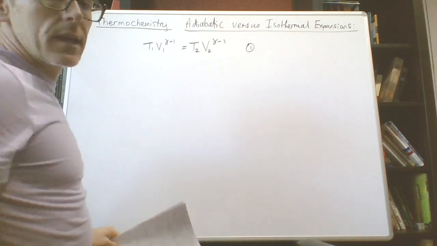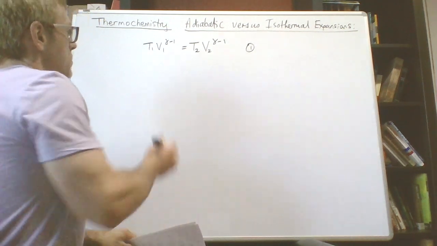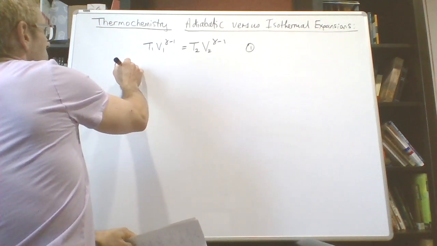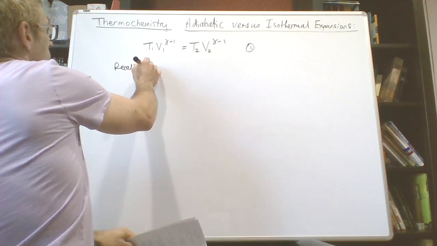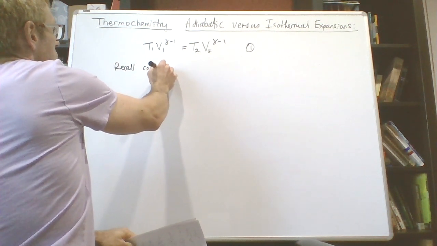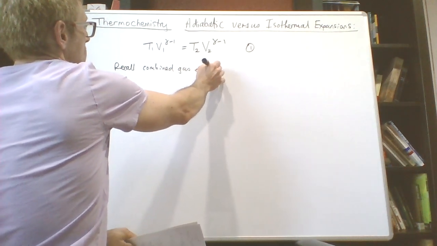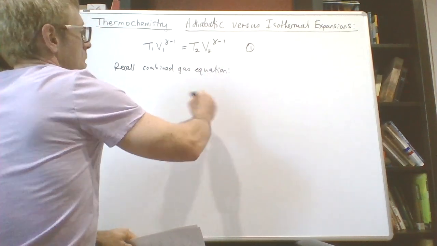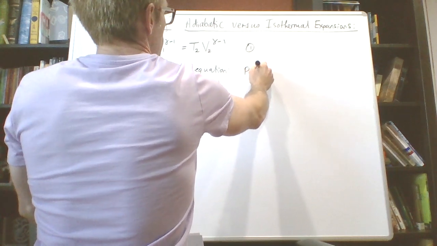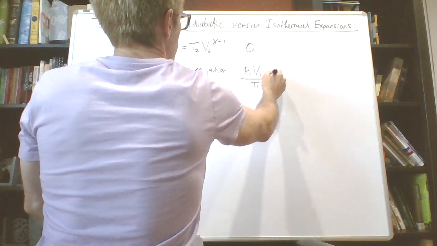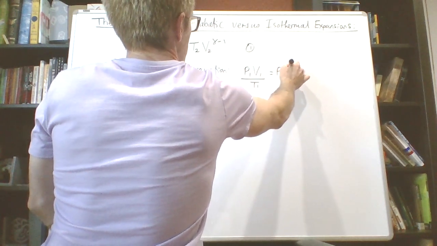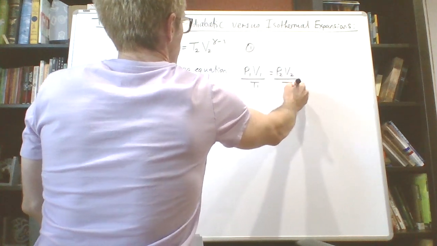Recall from gases the combined gas law. So recall the combined gas equation, which is P1 V1 over T1 is P2 V2 over T2.